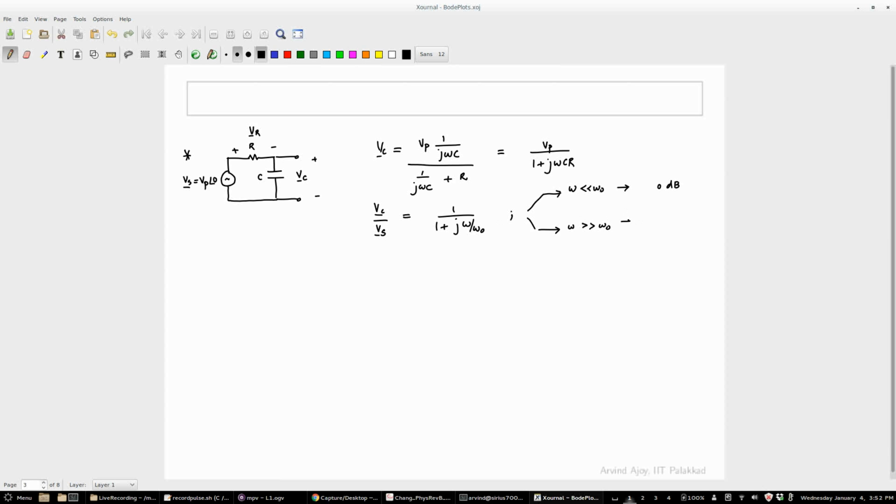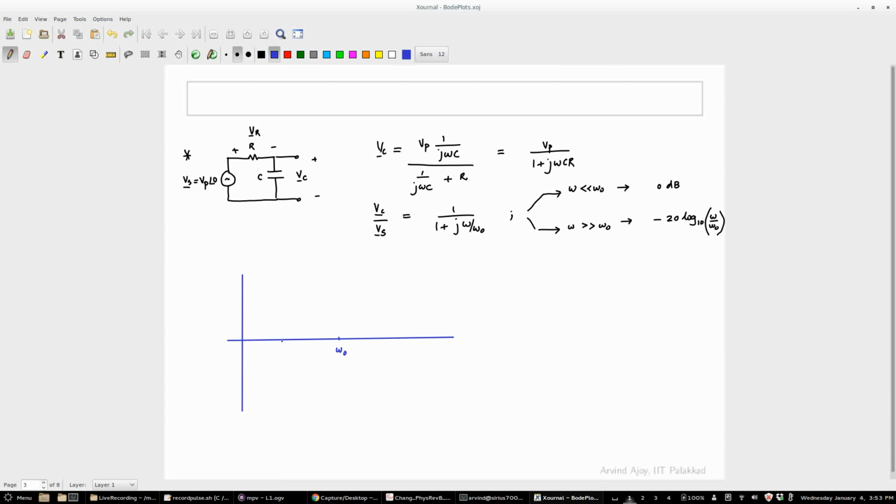For omega less than omega 0, you drop this with respect to 1, so this would be 0 dB, and for omega greater than omega 0, you can drop 1 with respect to this, and so this would be minus 20 log base 10 of omega by omega 0, right?